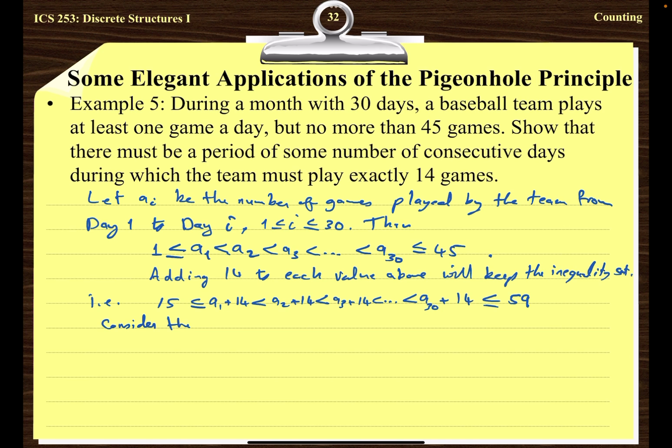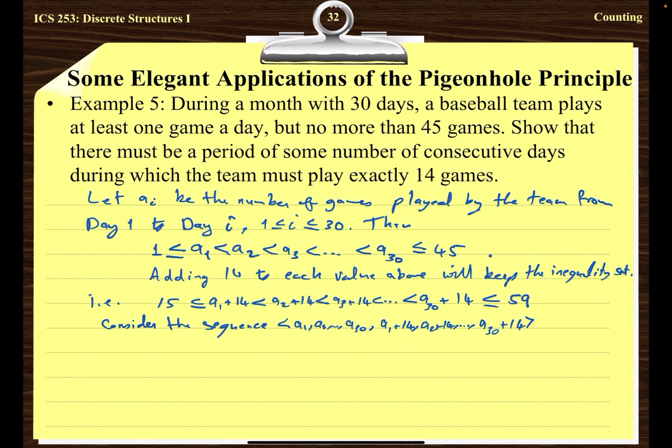طيب consider the sequence, and you will see now why didn't I say the set. Consider the sequence اللي هي A1 A2 لغاية ال A30، وبعدين A1 plus 14, A2 plus 14 لغاية إيش ال A30 plus 14.